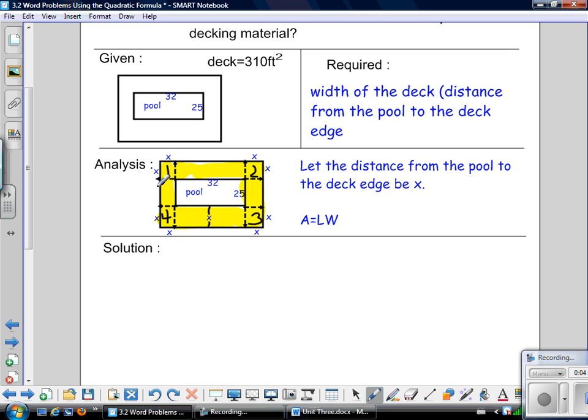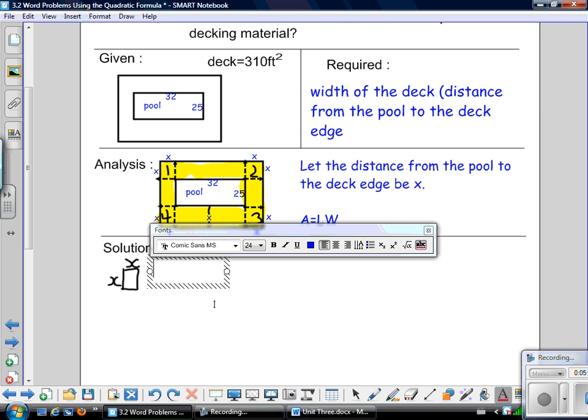Okay, so what we're going to look at first of all is our little squares in our solution, and they are x by x, and we have 4 of them. So the area would equal, area, capital A, would equal length times width.